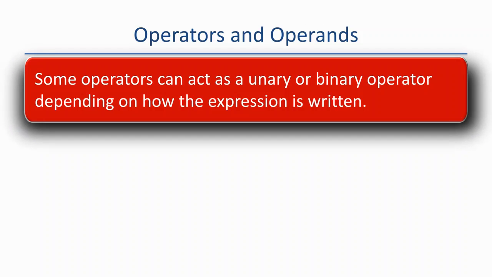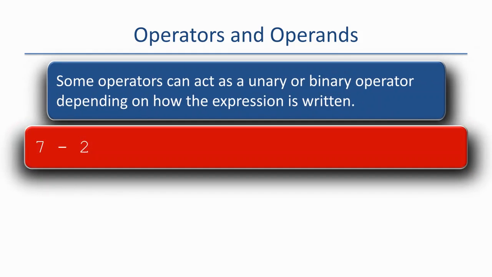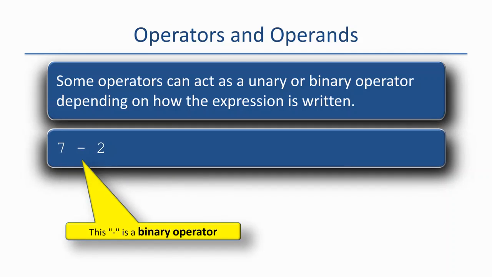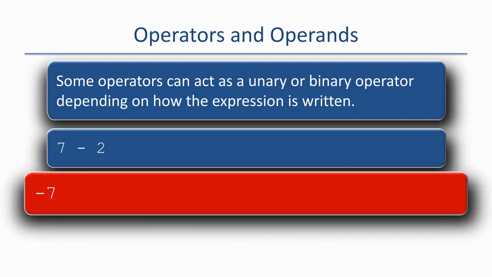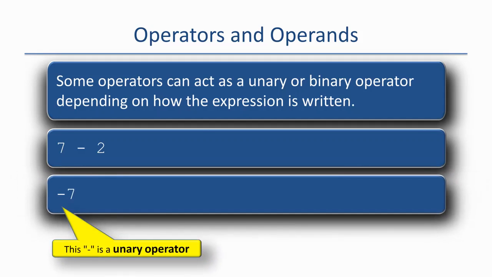Some operators can act either as unary or binary operators, depending on how the expression is written. For example, if you write 7 minus 2, the minus sign in here is a binary operator because it acts on 2 operands. However, if you write -7, the minus sign here is a unary operator because it only acts on 1 operand.